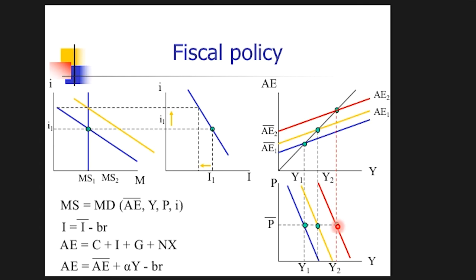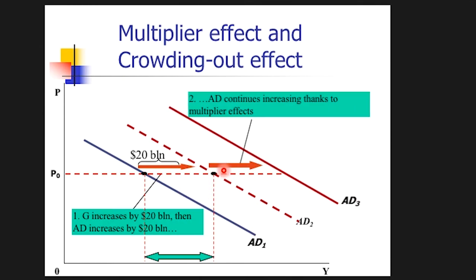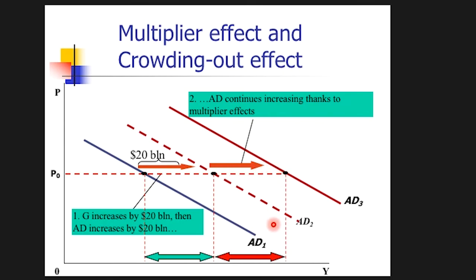To see the relation between the two effects, we can say that if we increase government spending by $20 billion, firstly, the first change in aggregate demand is 20 billion. And the multiplier effect will make aggregate demand increase more by this distance.